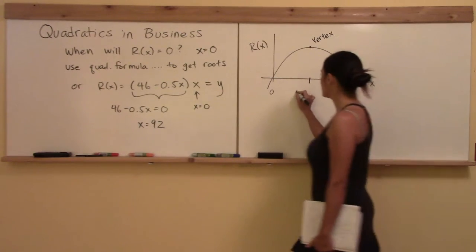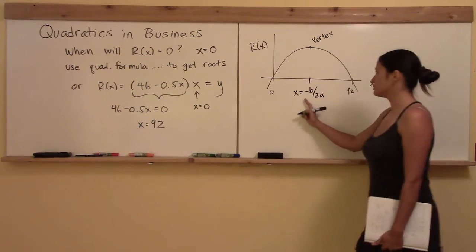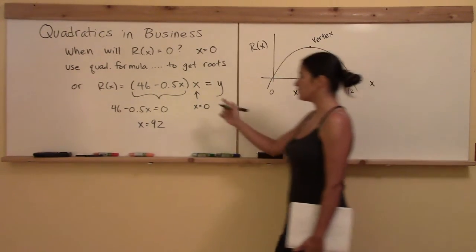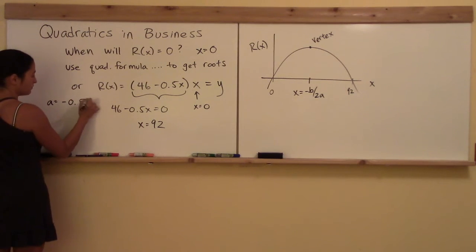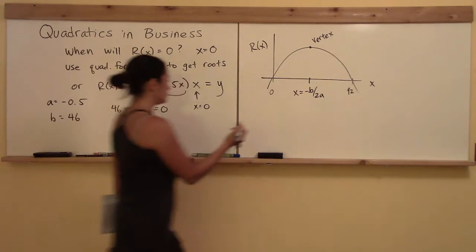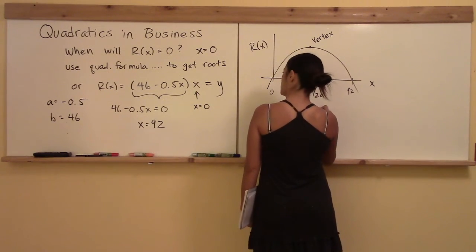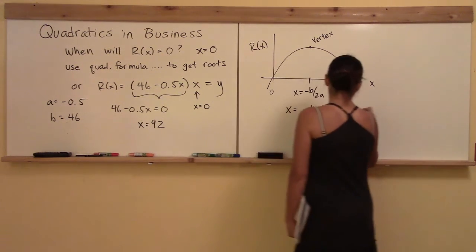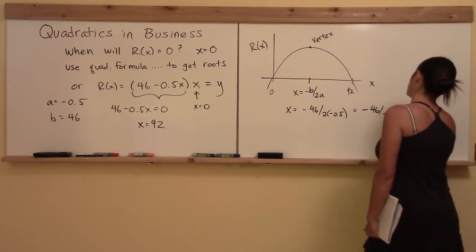But the other way to get the midpoint, remember, is the vertex formula, which is x equals minus b over 2a. And so from what we discussed before, over here I'll rewrite it. The a was equal to negative 0.5 and the b was equal to 46. So the vertex is located at negative 46 divided by 2 times negative 0.5, and that's negative 46 over minus 1, and that's 46.